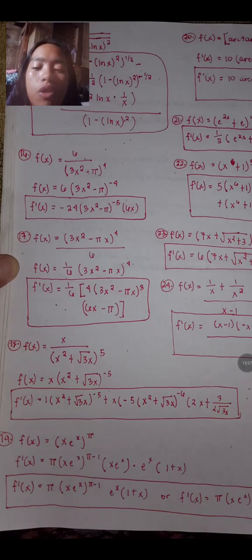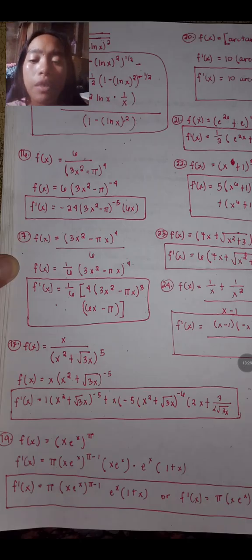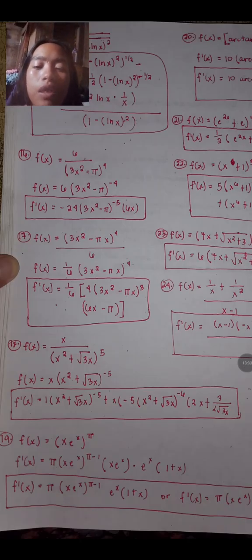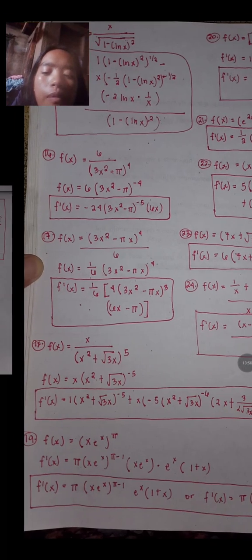Then using the chain rule again, we can attain its derivative, which is f prime of x is equal to 1 over 6 times 4 times the quantity of 3x squared minus pi x raised to 3, because 4 minus 1 is 3, times the derivative of the inner function, which is 6x minus pi.